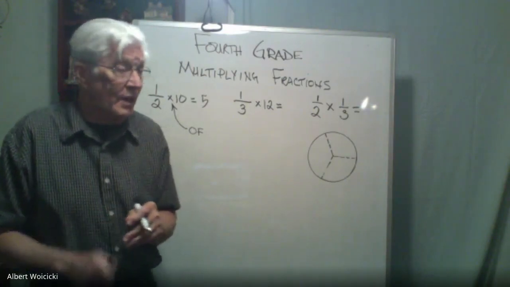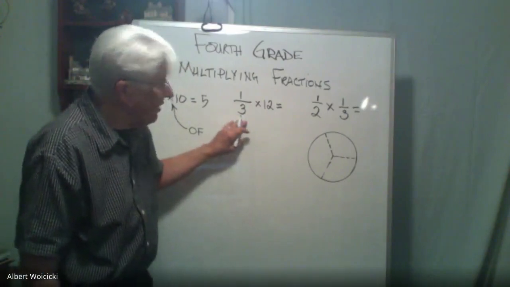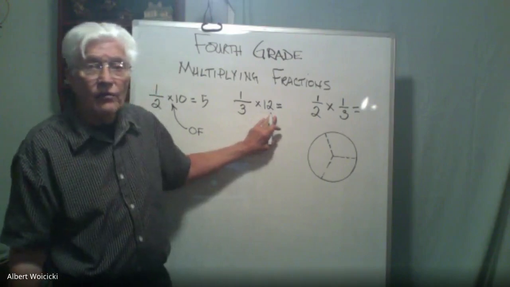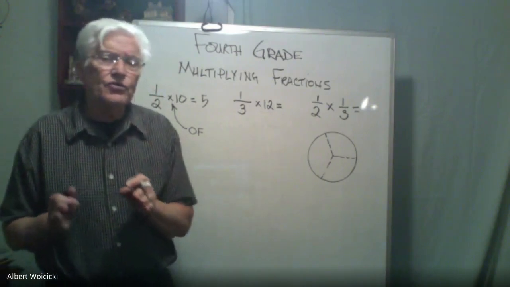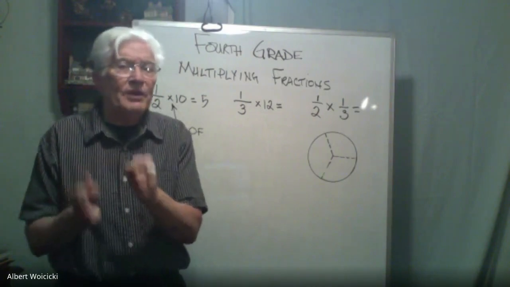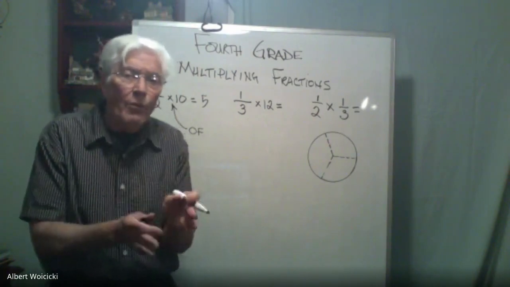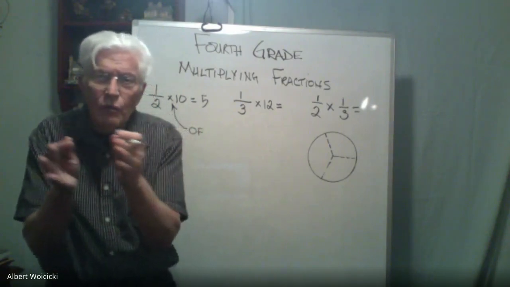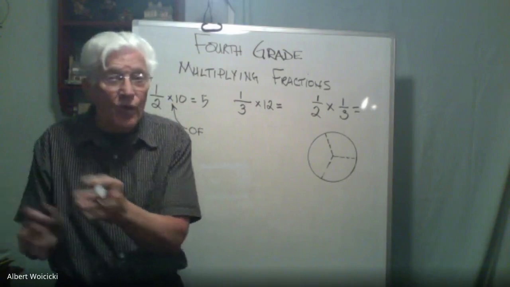All right. Now, the next one says, what is 1/3 of 12? So if I broke 12 down into 3 pieces, what would the value of each piece be? So I got 3 equal pieces that add up to 12.